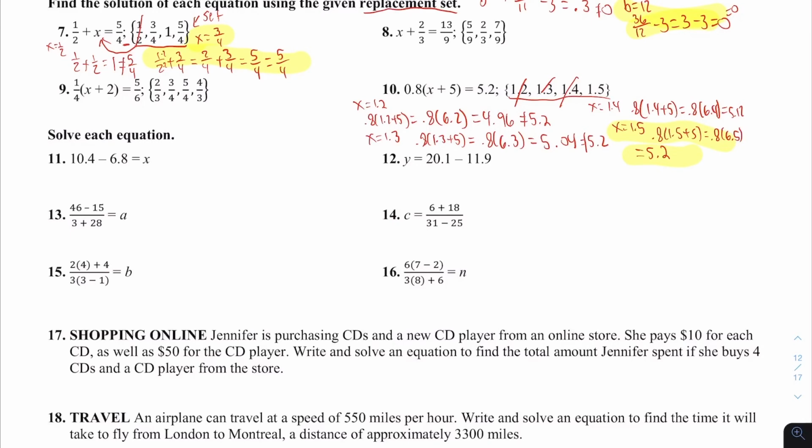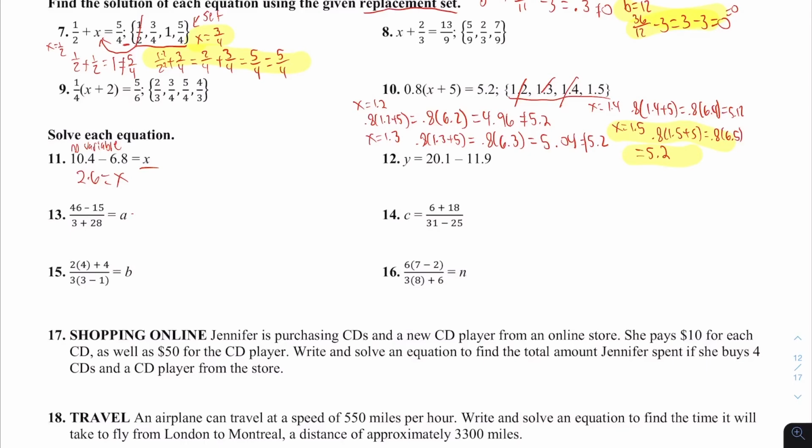For the next ones, it says solve the equation. If the variable is on one side and there's no variable on the other side, then you can just subtract the things or do whatever it says. 10.4 minus 6.8 equals 3.6 equals x. Going down to number 13, a is the only variable, and everything else is just a number.